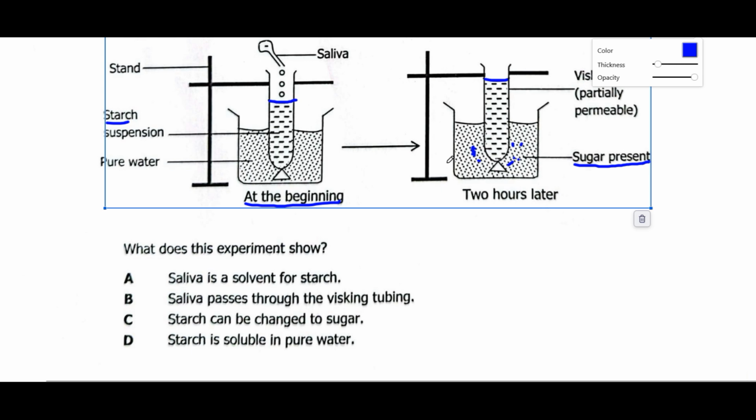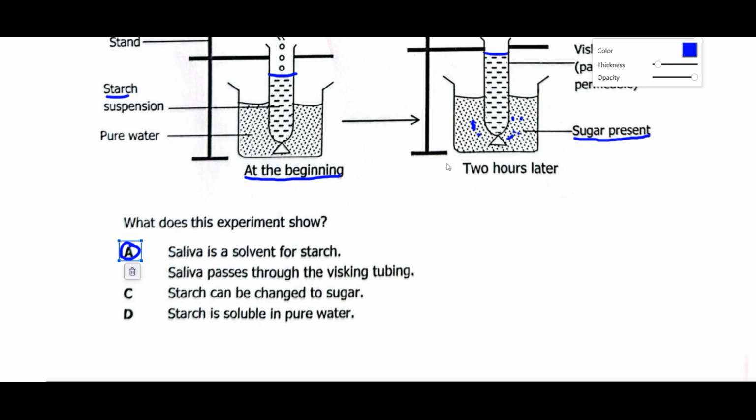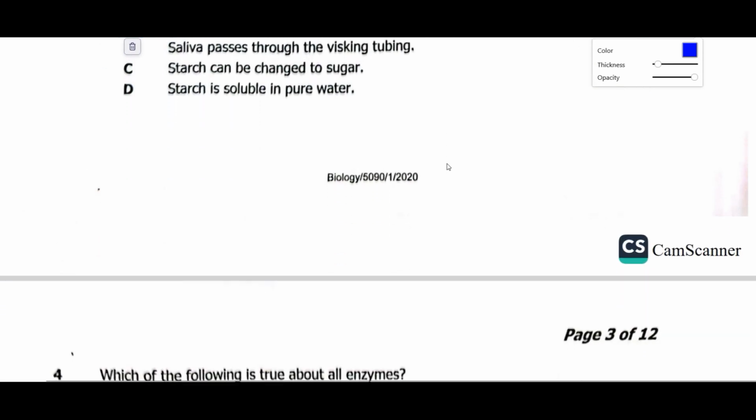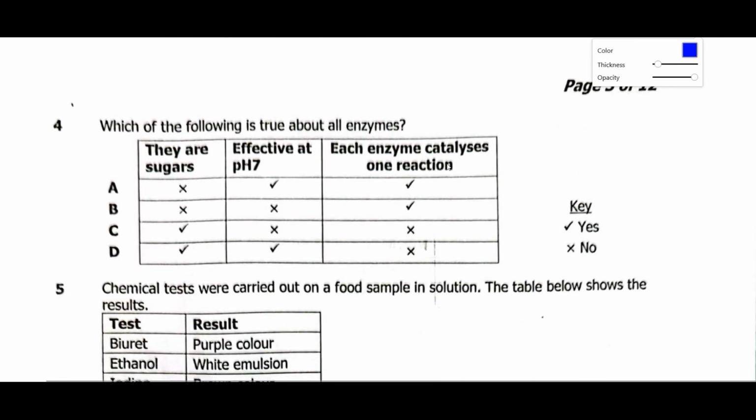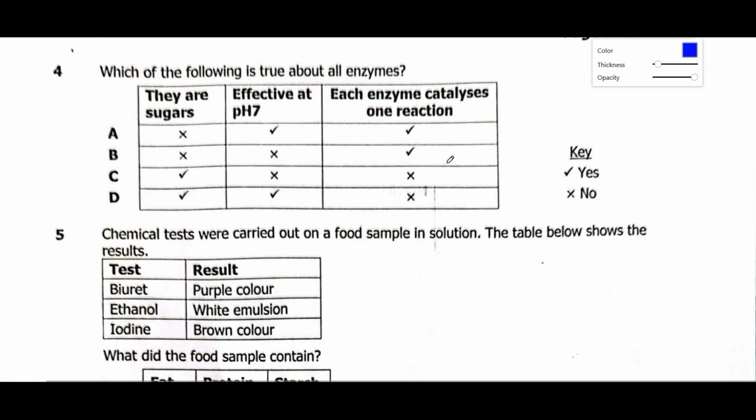So for this one, the best answer is A. Saliva is a solvent for starch. Since it's a solvent for starch, it makes the starch dissolve, and therefore we had the process of diffusion.